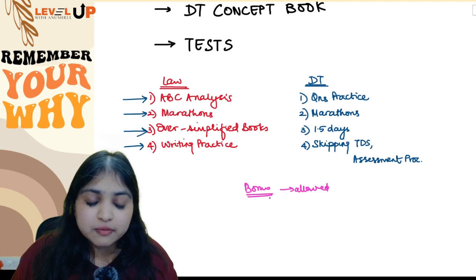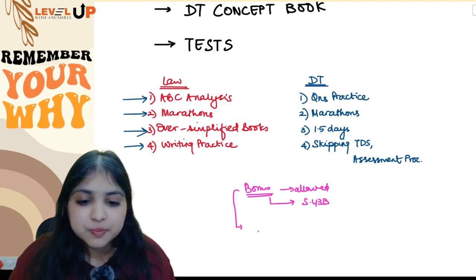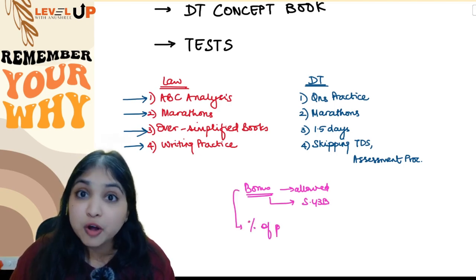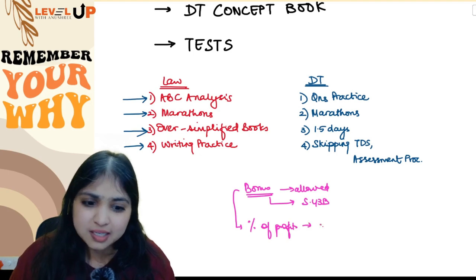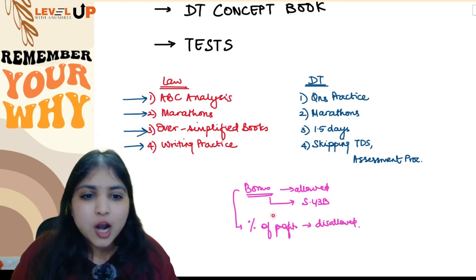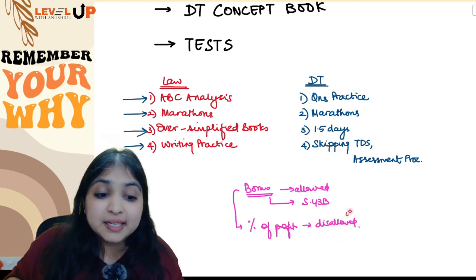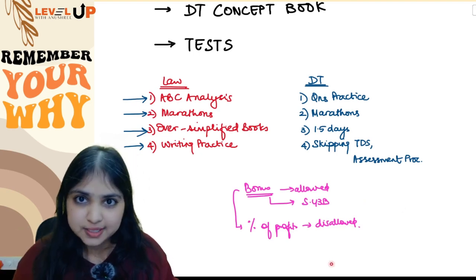You do know that section 43B also will apply in PGBP. But do you know that if this bonus is a percentage of profits, it will always be disallowed? It is there in your study material, but it is not there in any ICAI study material question. But it is there in past examination questions.